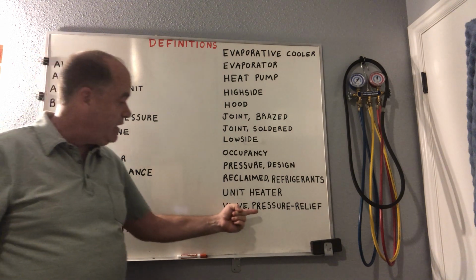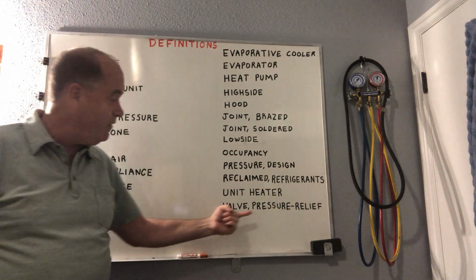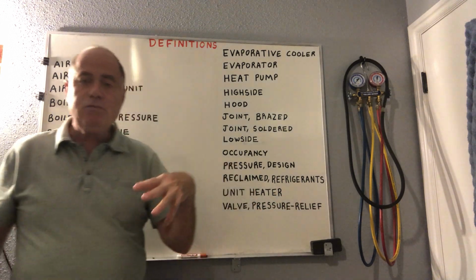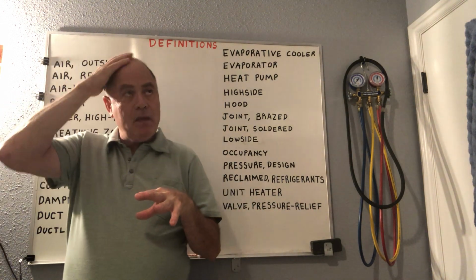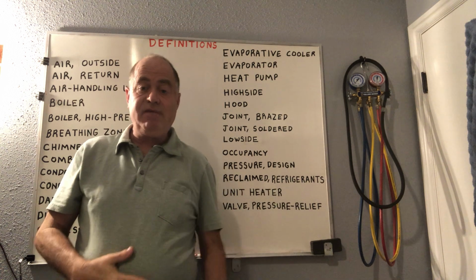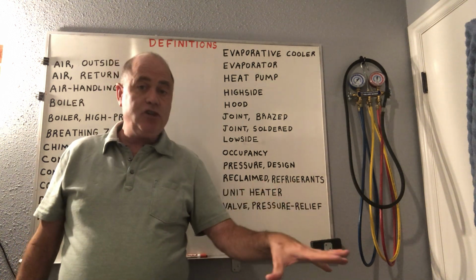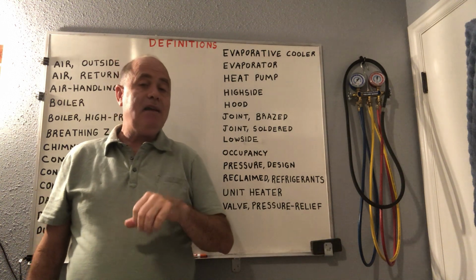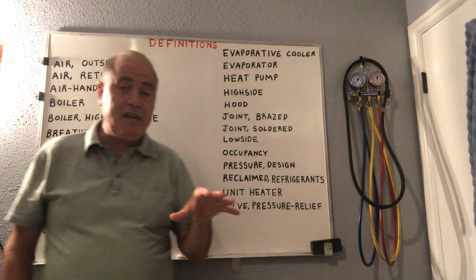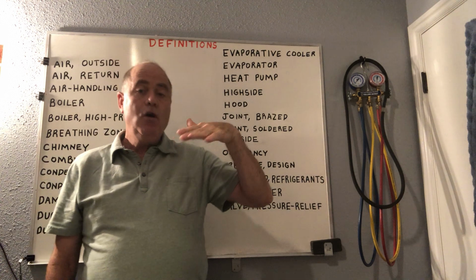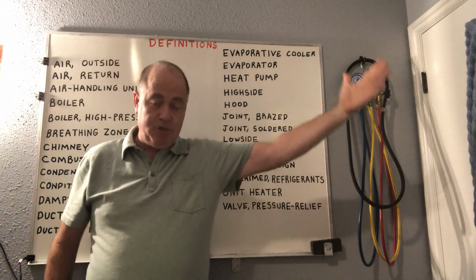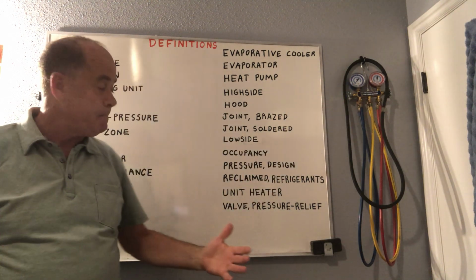And then we have a pressure relief valve, a type of valve. A pressure relief valve is a valve that will relieve pressure for safety. It's sort of like the last defense so that we don't have an explosion or something like that. And it's used all over the place. Hot water heaters have pressure relief valves, which can relieve if even the temperature or pressure gets too high.